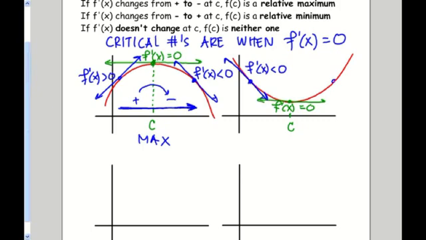If I take a look at the derivative over here, it would be positive, where the graph is increasing. So for this one, if I split this again at c, I see that it's negative over here and positive over here. It actually switches from negative to positive at c. Well, if it switches from negative to positive, then we say that's a minimum value.